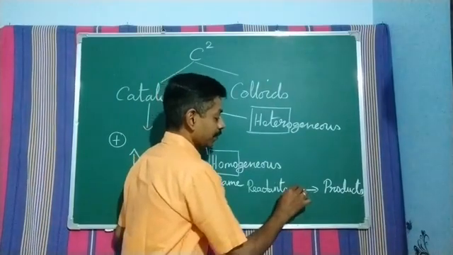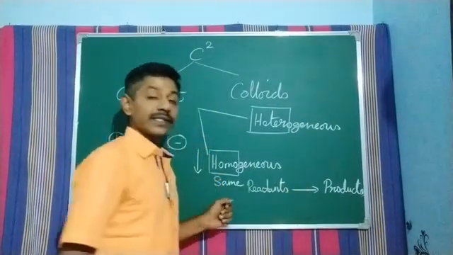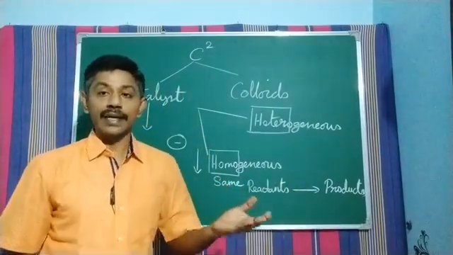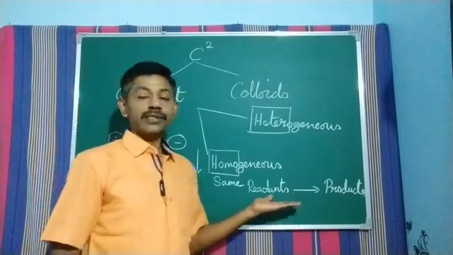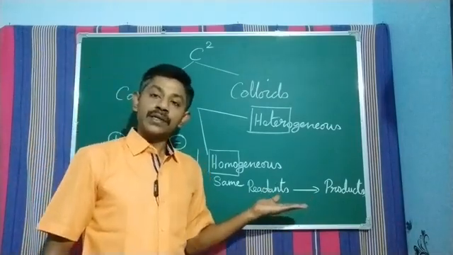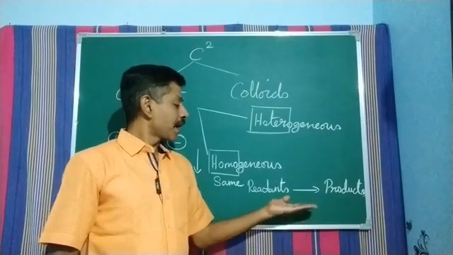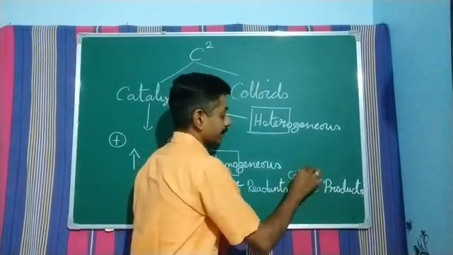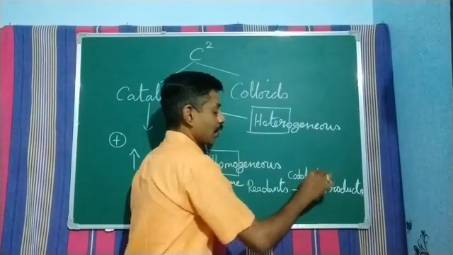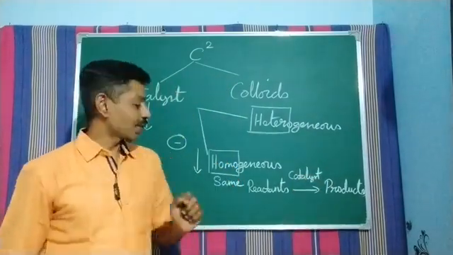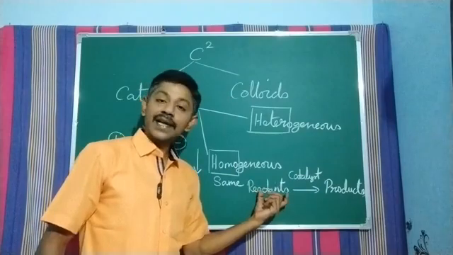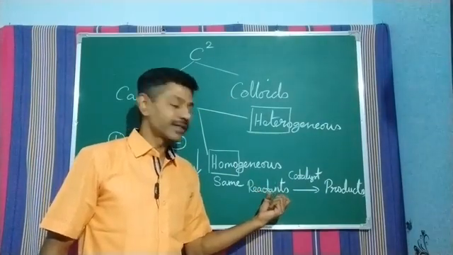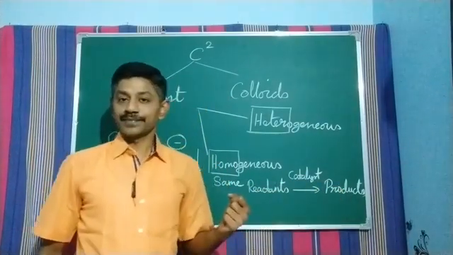During this time, the reaction may go at a slower rate. That means the reaction may be with a very slow speed. At that time, we may add a catalyst. Now the catalyst plays a wonderful role of making the reactants react faster to produce the products.